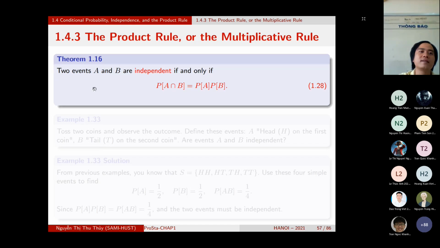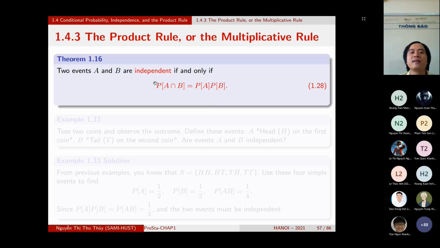And in a special case, when A and B are independent, we know that P(A intersection B) is equal to P(A) multiplied by P(B). So in other words, P(A ∩ B) is equal to P(A) multiplied by P(B).